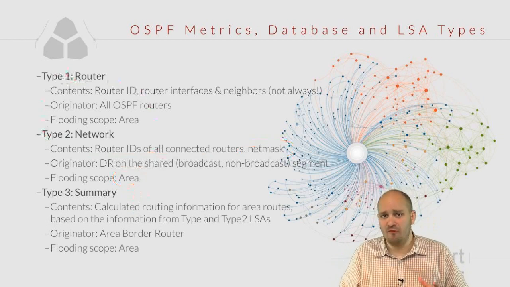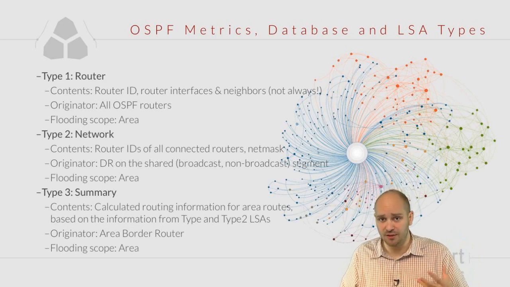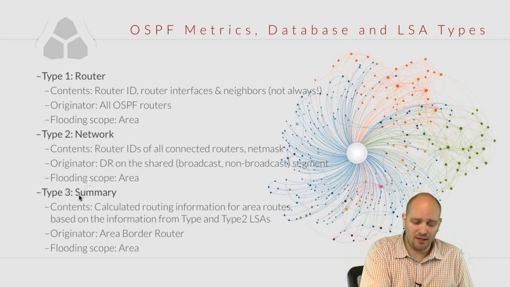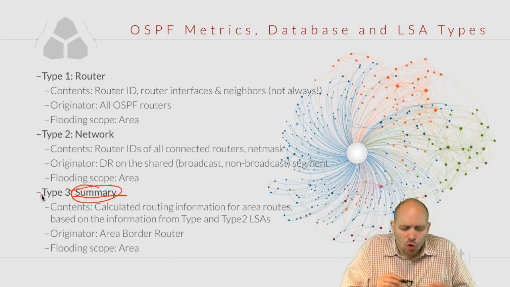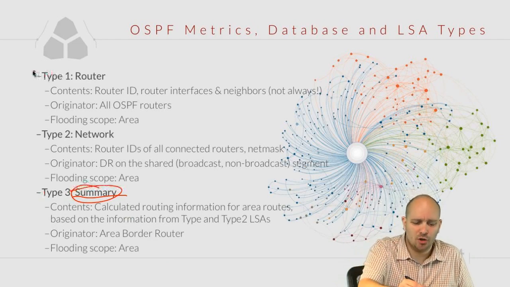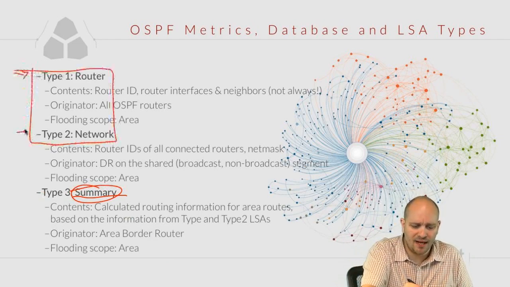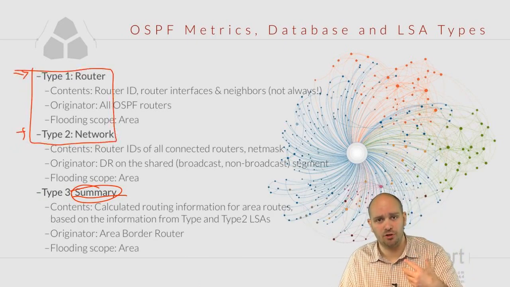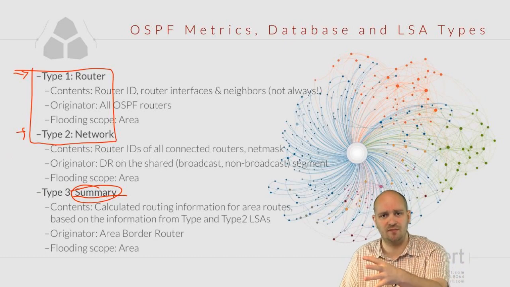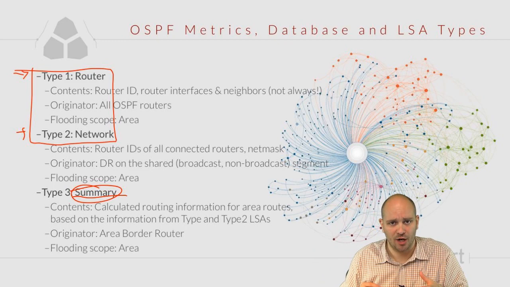Now, when we have information that needs to travel between the areas, when we want to provide the reachability between different areas, this information will be carried by summary LSAs. They're called summary LSAs because really what they are is summarized information from type 1 and type 2 LSAs. The ABR, the border router, will calculate the cost to reach individual networks, and it's going to summarize this information and advertise into other area.